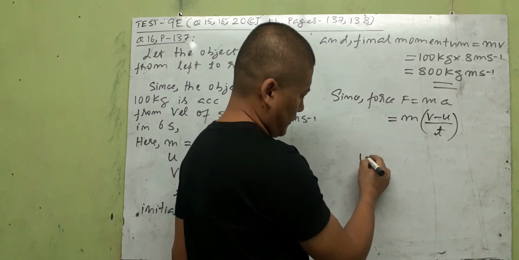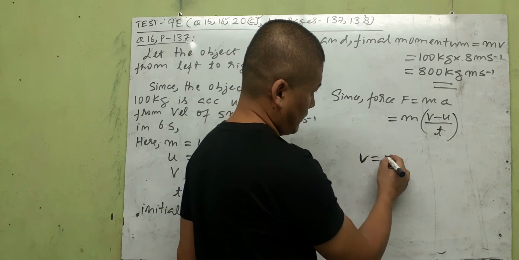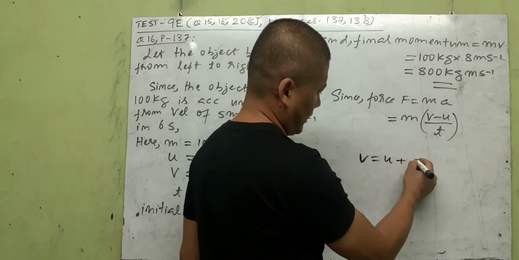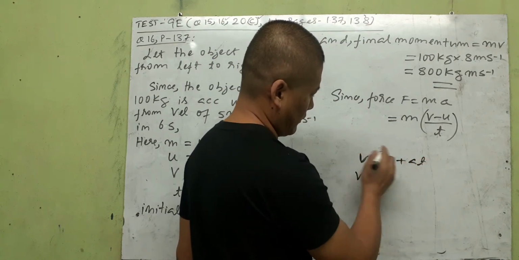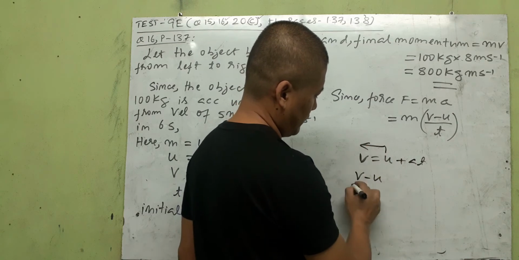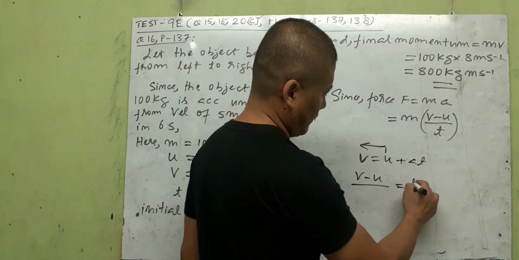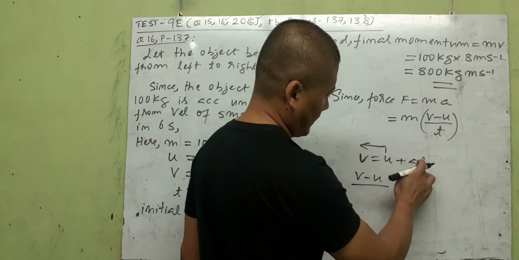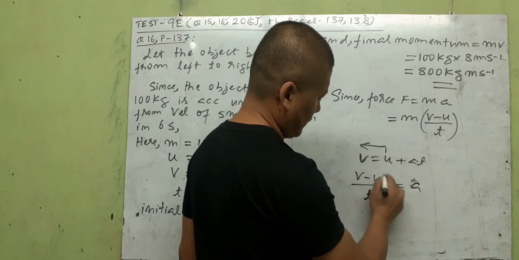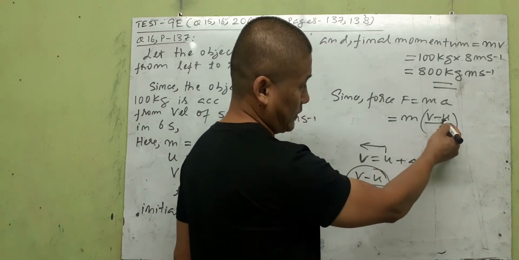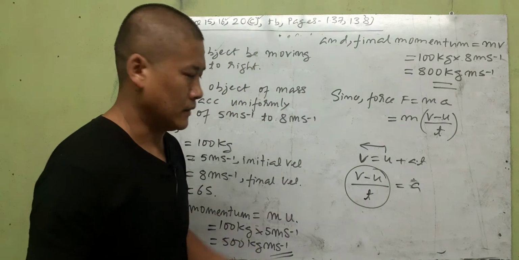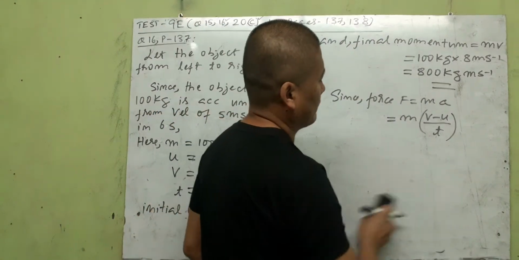The first equation, v is equal to u plus at, and u goes this side, minus u, then t, a you keep it, and if you shift t it will come down, so a is v minus u by t, so we're replacing by that. Again, just explaining so we don't get confused.